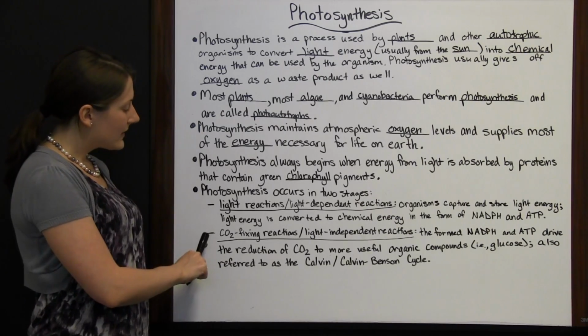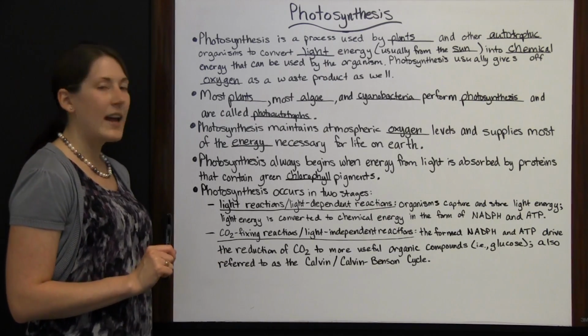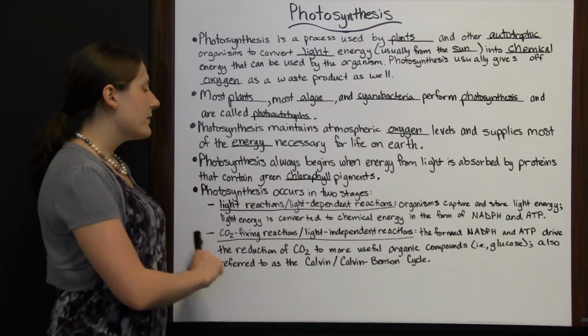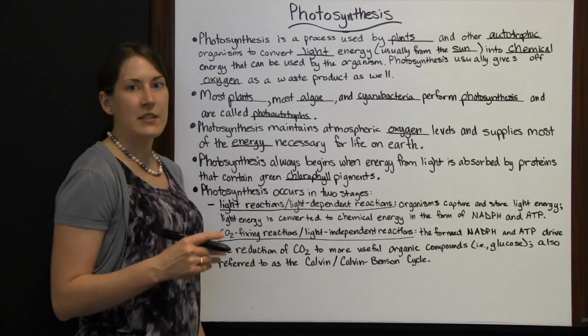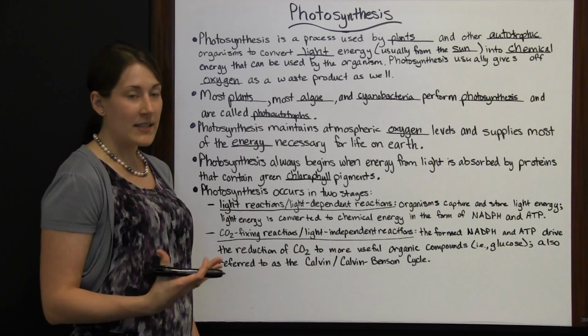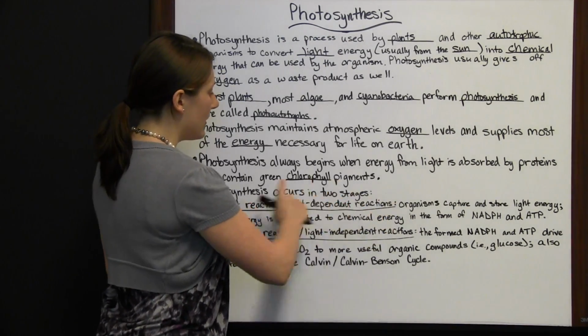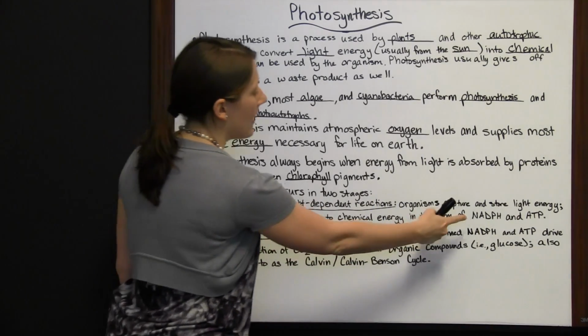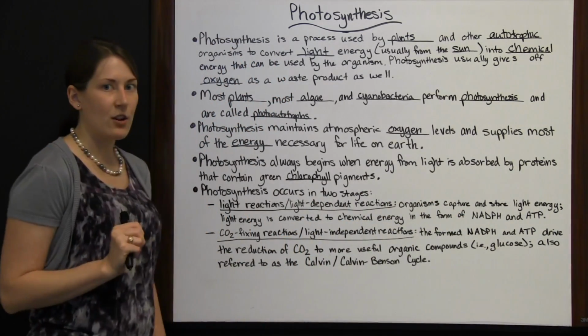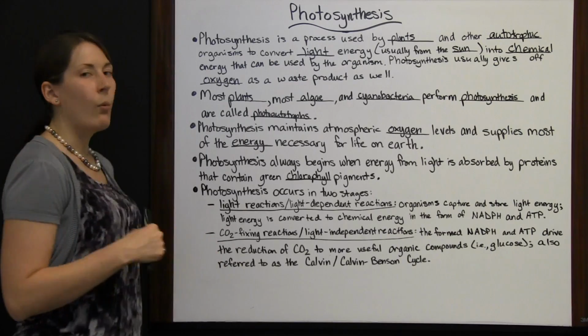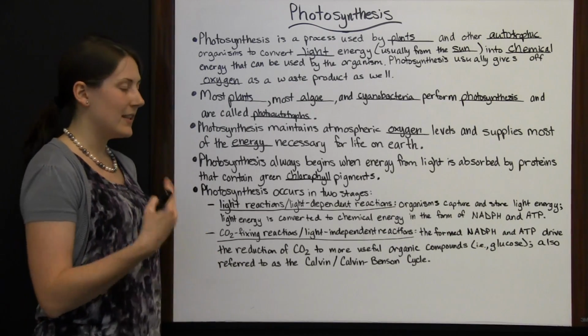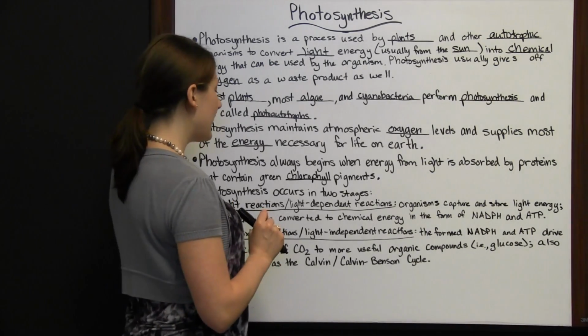In the carbon dioxide fixing reactions or light-independent reactions, these can happen even whenever light isn't present, as long as there was some energy harnessed in that plant already. So these don't have to happen while there is light present supplying energy. They can happen later.